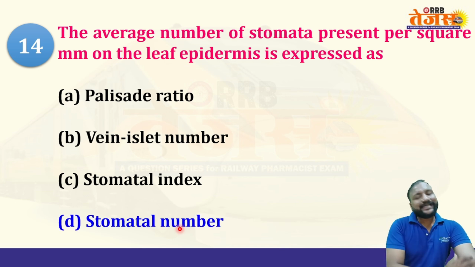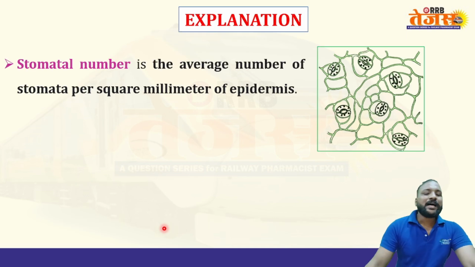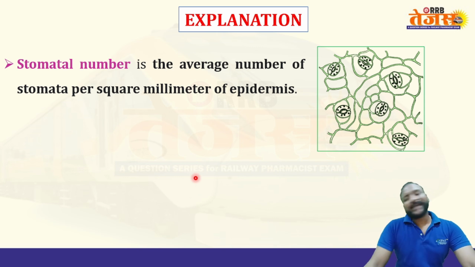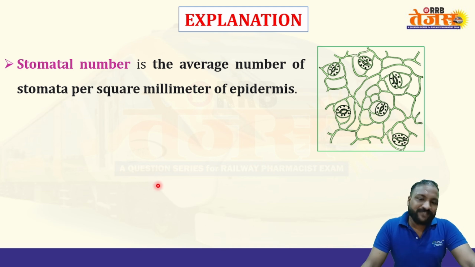Option D is the right answer because in the microscopical evaluation, there is a topic called leaf constants. Especially in order to assess the quality, identity and purity, we do tests for the leaf constants for the microscopical evaluation of leaves.